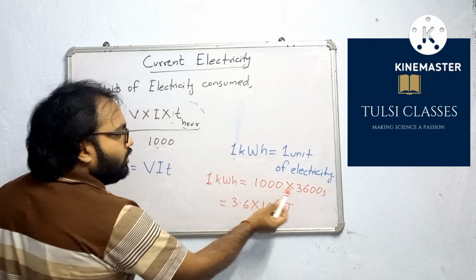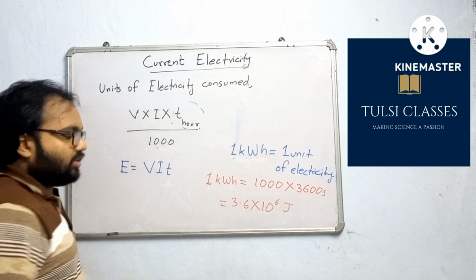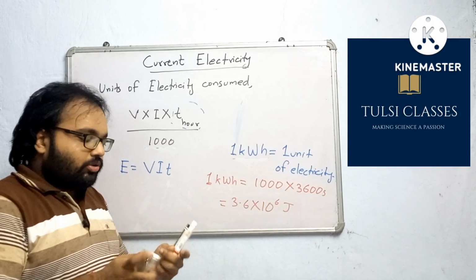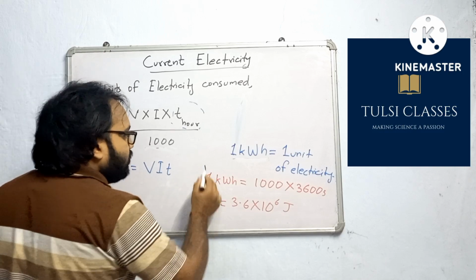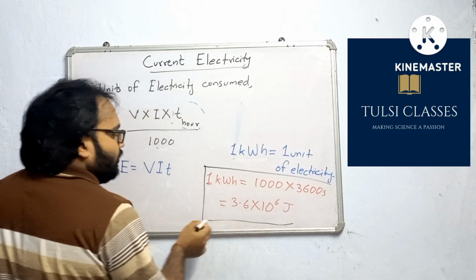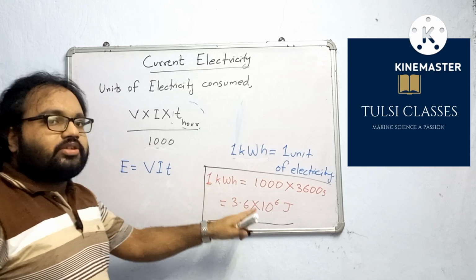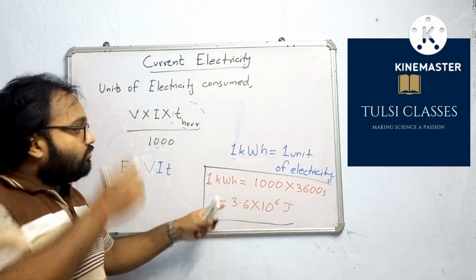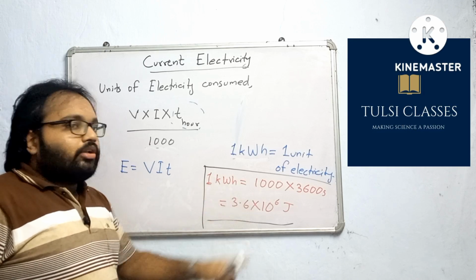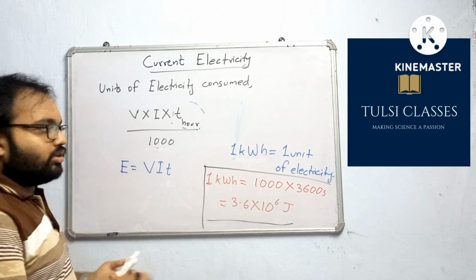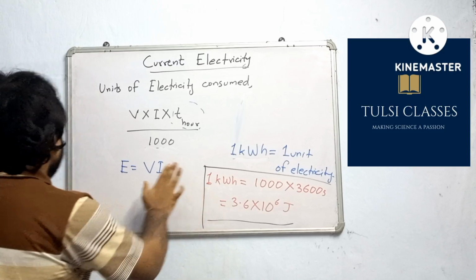See, 1, 2, 3, 4, 5 and 6, 3.6. This is very important. If you have skipped the video, I am telling you, don't skip the video. This is a very important formula, 1 kilowatt hour is equal to how many joule. In the same way you may be given, suppose, convert 5 kilowatt hour into joule. I am giving you one question also, because this is the last part of the video.